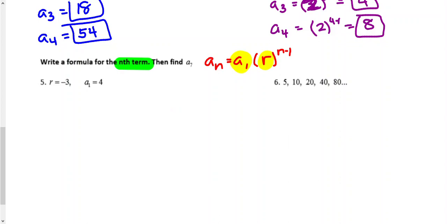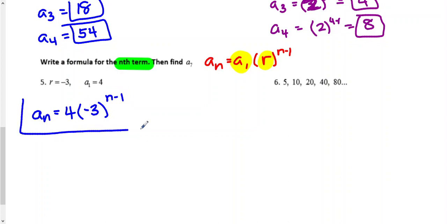So looking at number 5, do I have a sub 1 and r? Yes. So I can just plug it in. A sub n equals 4 parentheses negative 3 to the n minus 1. That's my formula. I don't need to simplify anything with geometric, which is nice. And the second part says I need to find a sub 7.